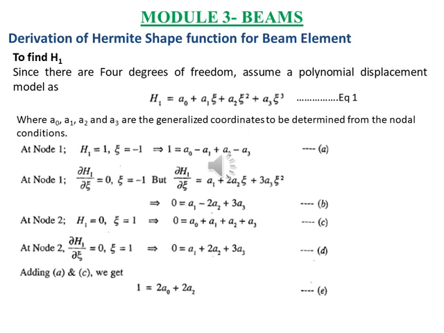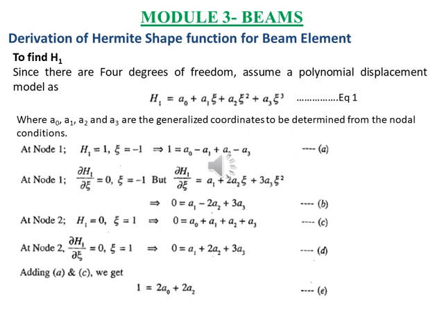So at node 1 h1 is equal to 1, neta is equal to minus 1, and we can rewrite the equation as 1 is equal to a0 minus a1 plus a2 minus a3. So let this be equation number A.